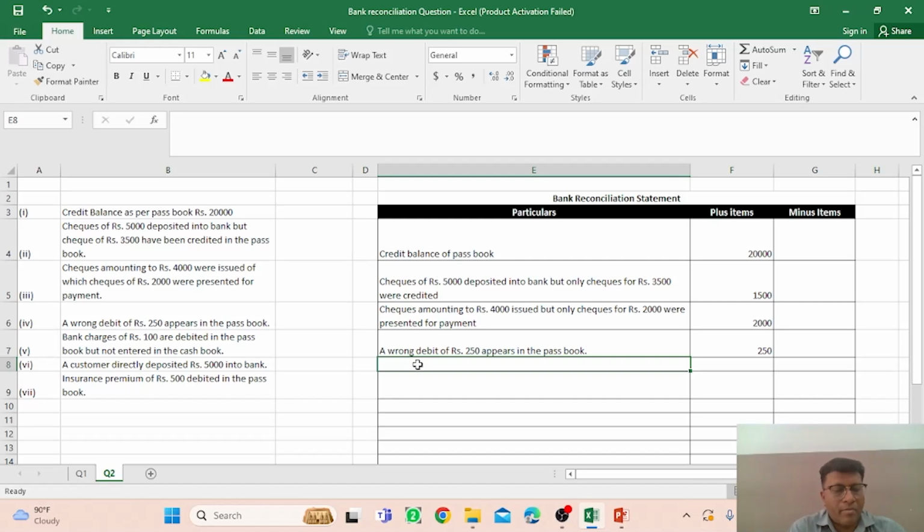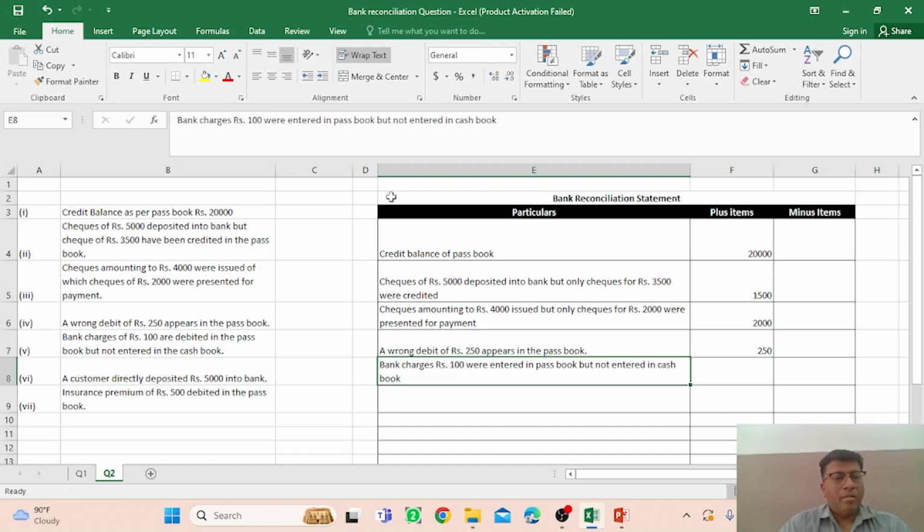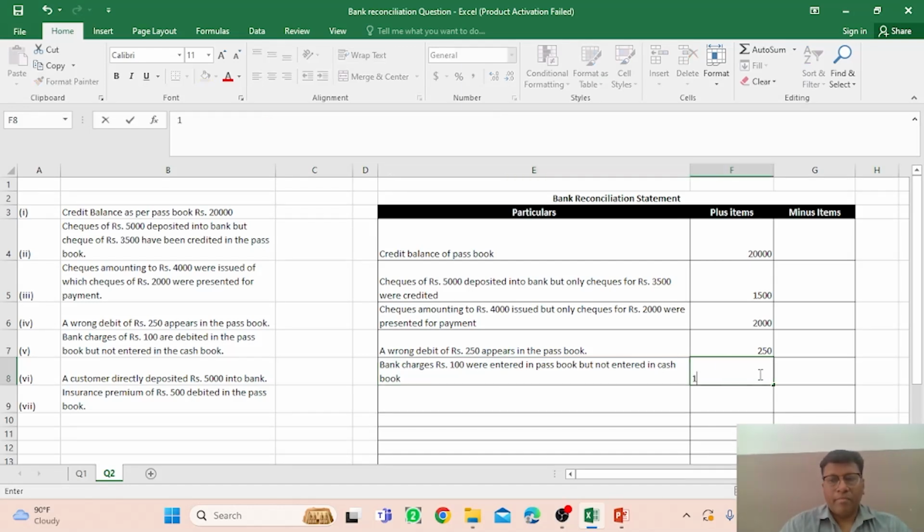So bank charges rupees 100 were entered in passbook but not entered in cash book. So this is the transaction, and what is the amount? 100. So 100 rupees is plus.